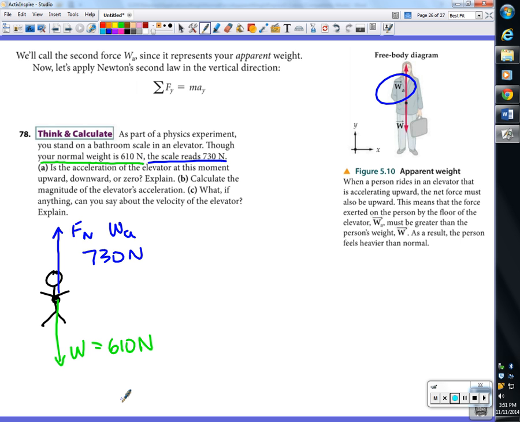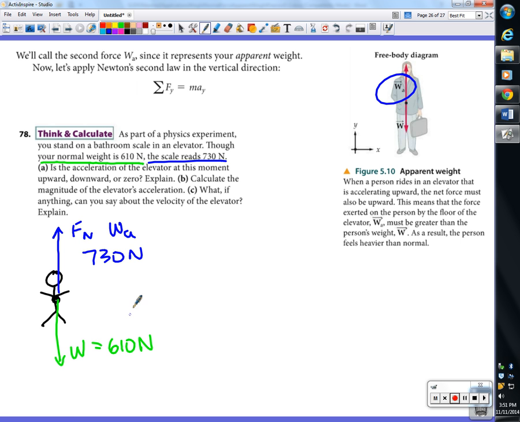So, it's asking you about acceleration. We know back from section 5.1 that acceleration is caused by net force. In this case here, there is a greater force upward than there is downward. My arrows don't exactly show that, but my labeling of the arrows does.